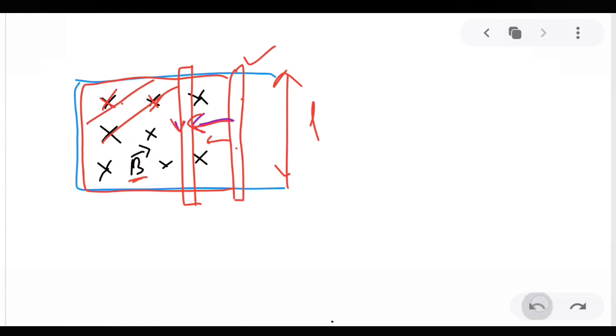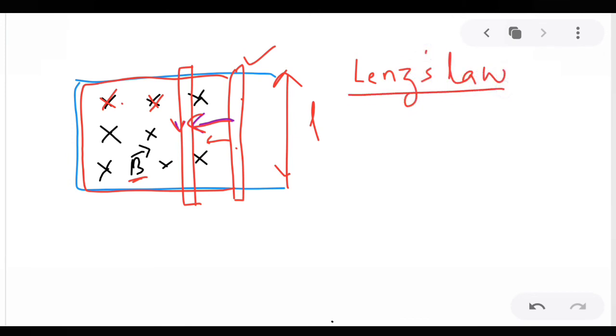So now Lenz law says that the direction of induced EMF is such that it opposes the change in magnetic flux. So since the magnetic flux is decreasing, the current should flow in such a direction that it should oppose the decrease. Now how to oppose the decrease?